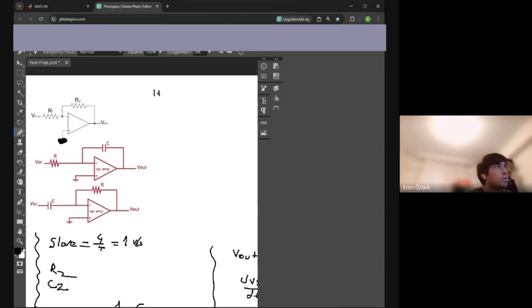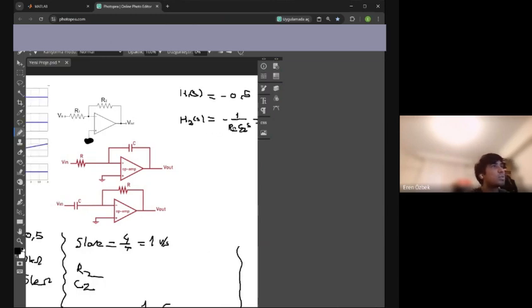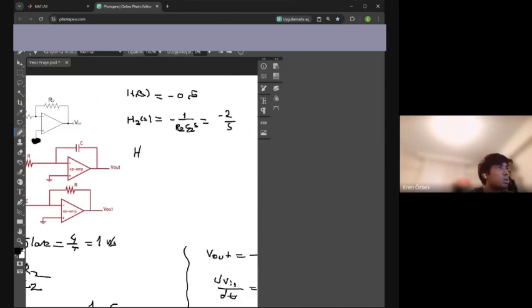H1 is minus 0.5, H2 is minus R2 C2 S, which equals minus 2S, and H3 equals minus R3 C3 S, which equals minus S. Since the blocks are in parallel and summed, when we sum these we get minus 0.5 minus 2S minus S.